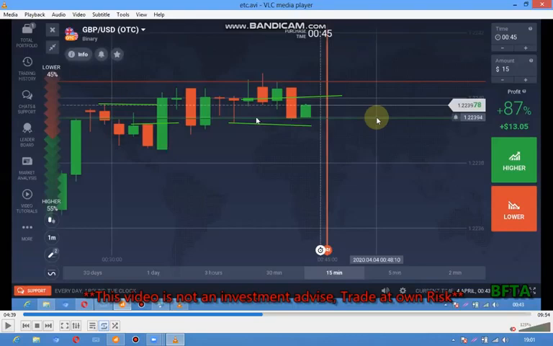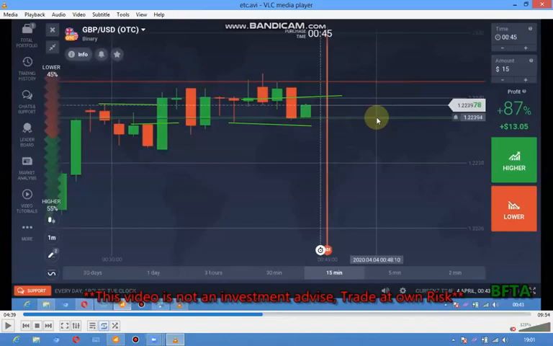So with the rejection, then I place put. Assuming that there's no rejection, the next candle here will be bullish. But that rejection already showed me that the sellers are still active here.